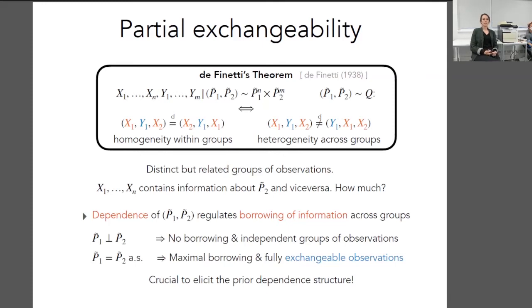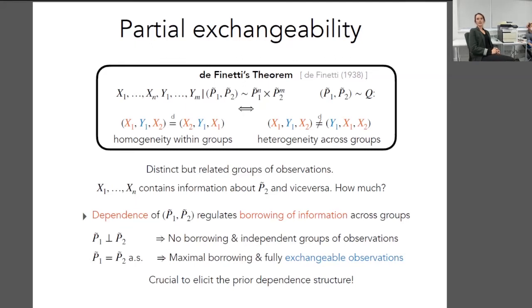On the other hand, as we said before, when the two random probabilities are equal almost surely, so when they are maximally dependent, you will also have a maximal borrowing of information. And this corresponds to the situation of fully exchangeable models, which are the ones that we introduced in the beginning. So this is to say that when you consider partially exchangeable models, it's really important to elicit the prior dependence structure in your models, since it will have a huge impact on the borrowing of information you are actually implying.